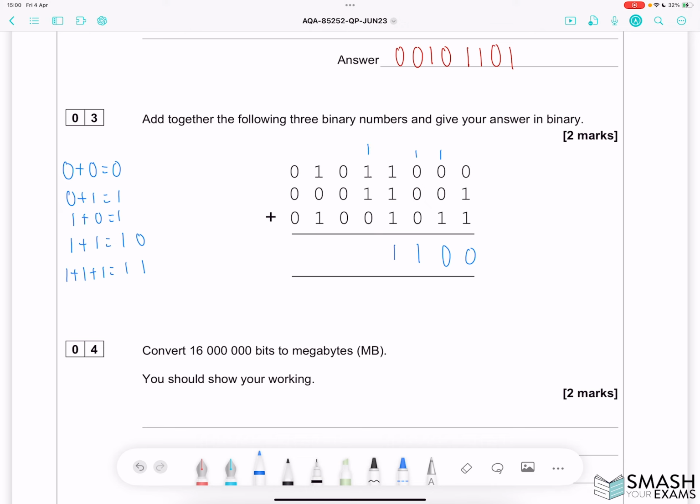We get the same thing again because we have 3 1s, so 1, carry the 1. 1 plus nothing else would just be 1. 1 plus 1 is 0, carry the 1, and then 1 plus nothing else would be 1 there as well. So our final answer would be 1, 0, 1, 1, 1, 1, 0, 0. And that should be sufficient to pick up both marks there.